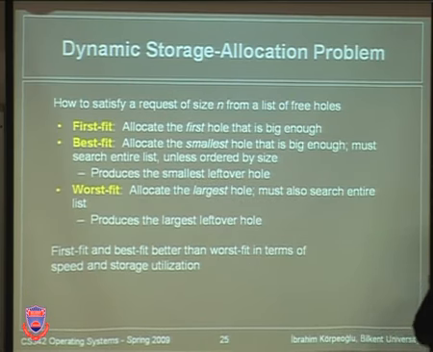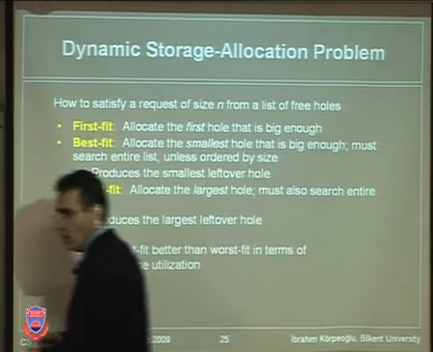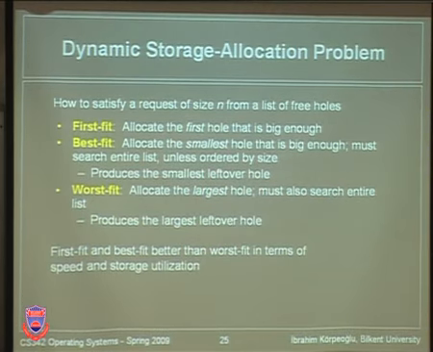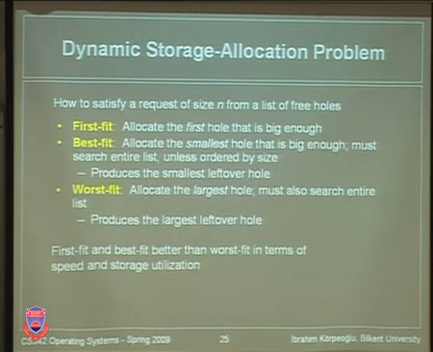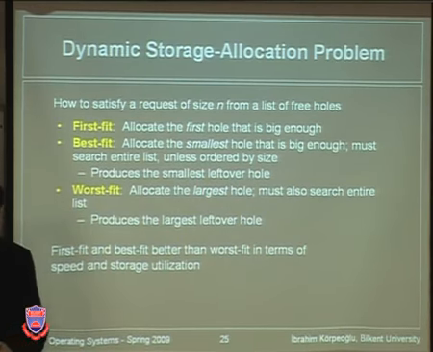So what happens, for example, when you find a hole that is large enough to keep a new program, you allocate some portion of that to the program, and the remaining portion of the hole remains as a new hole, right? But that will be smaller than the original hole. So if you allocate using the best fit strategy, that means the leftover hole will always be the smallest among all possible choices, right?